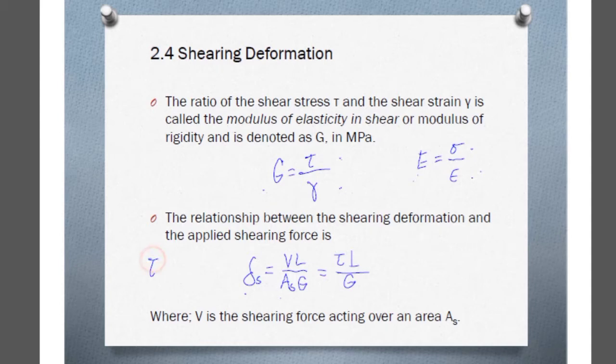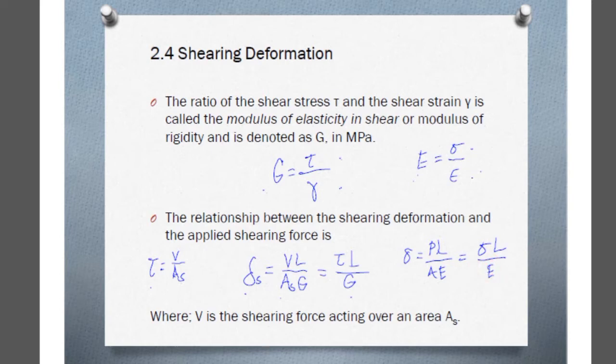Since we know that the shear stress is force over the shear area, therefore itong V over AS ay pwede na natin palitan ng shear stress. So therefore we have this another formula, and if we are going to relate this in the axial deformation, we have the deformation is equal to PL over AE, and this is also equal to stress L over E.